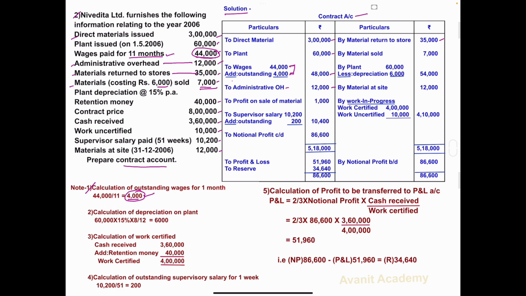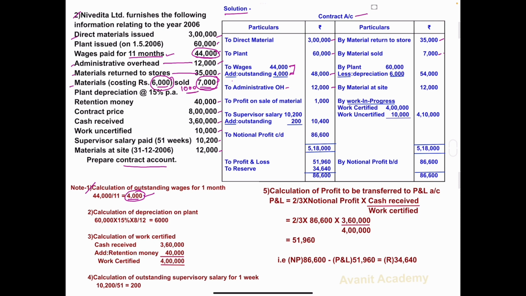So write in amount column, by material sold, 7,000. Now compare these two amounts. The actual value of material is 6,000, but it is sold for 7,000. Means 1,000 profit. Correct?